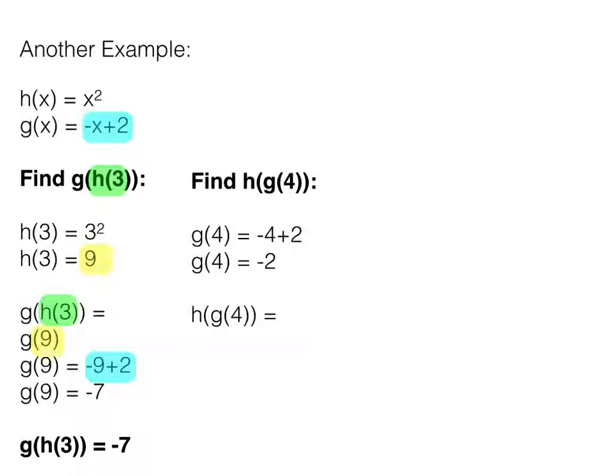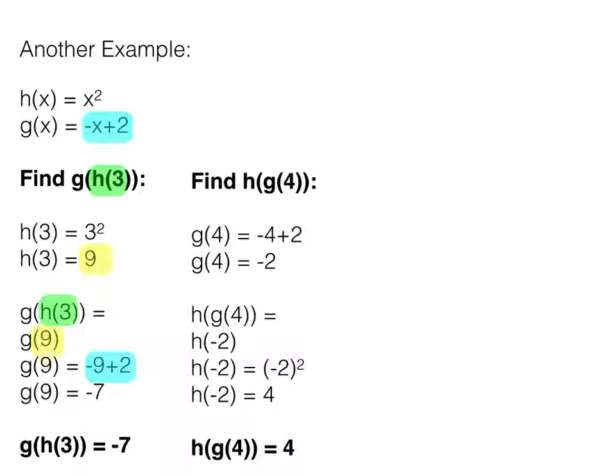But we know g of 4 is negative 2. So we're really looking for h of negative 2. Using h of x as x squared, h of negative 2 is negative 2 squared, which is just 4. So h of g of 4 is just 4. Why? Because g of 4 is negative 2, and h of negative 2 is 4. We just plug it in.